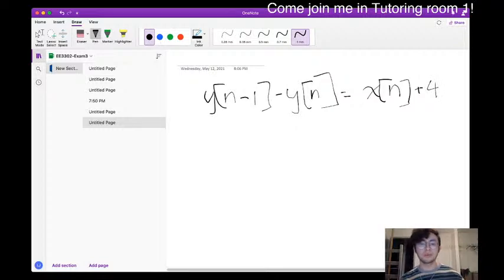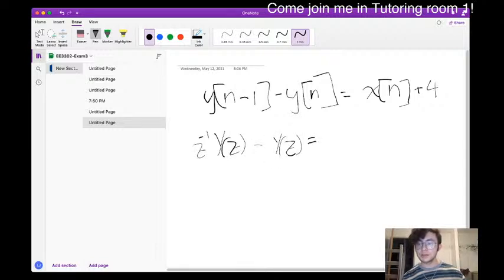Yeah, great. So we get Y(z) z^-1, because we have a time shift, minus Y(z) is equal to X(z) plus 4. So now let's go ahead and factor it out.